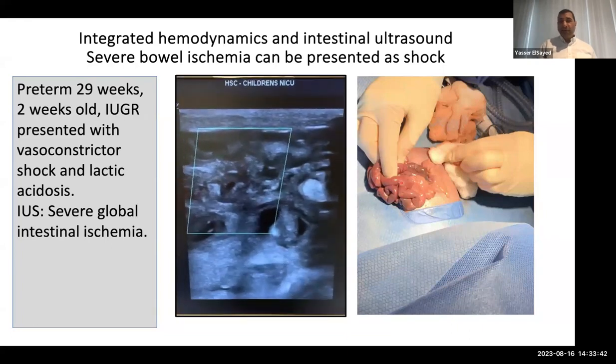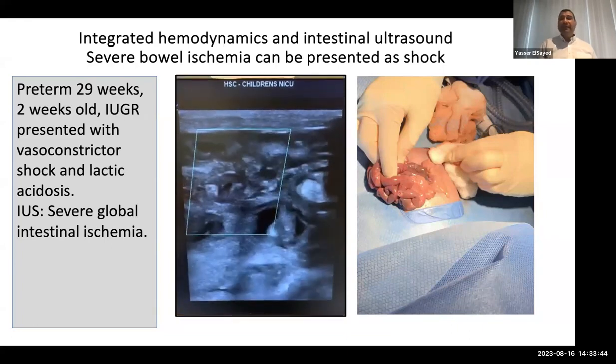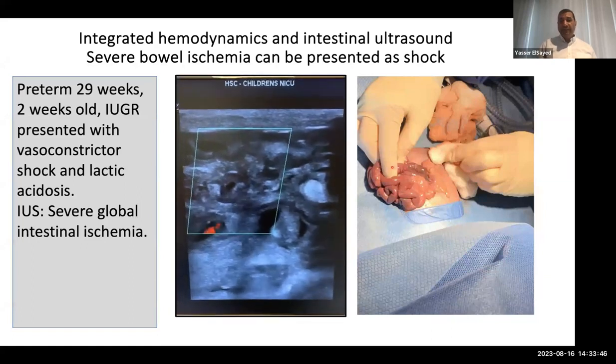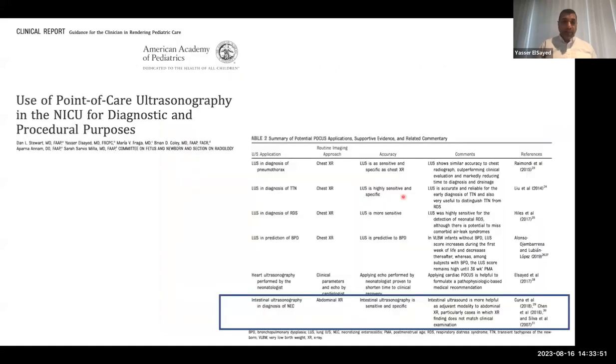And the laparotomy done shortly after that showed significant ischemia for most of the bowel. And that was validated and detailed in the American Academy of Pediatrics clinical report, statement policy on point of care ultrasound use. And we clarified that intestinal ultrasound in NEC or gut injury is superior. It is more sensitive and helpful if you know how to do that technique.